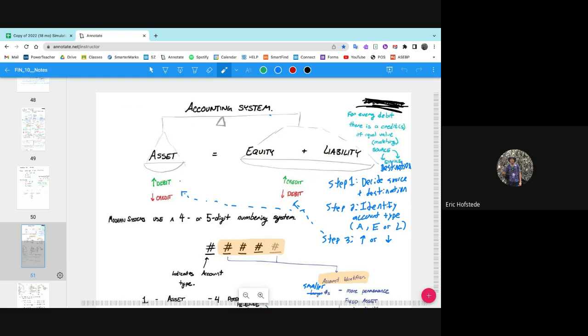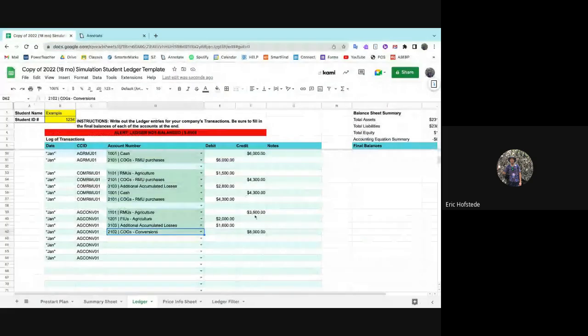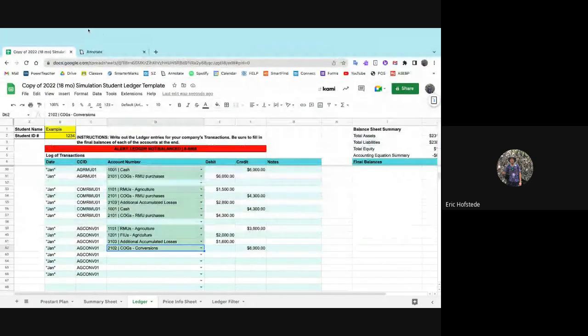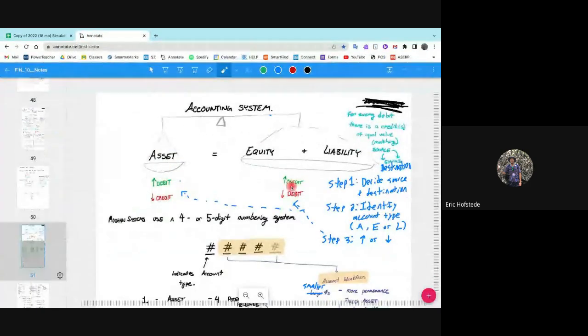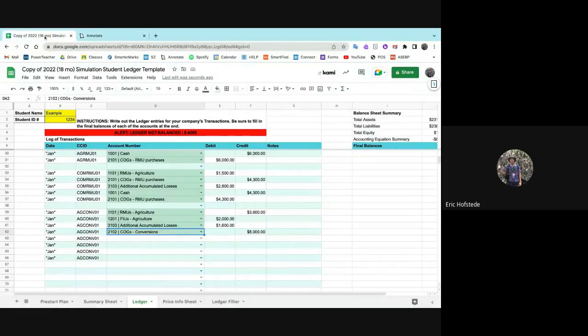So I have to debit. Oh, sorry, that liability goes up. It's a bill I have to pay, so I credit it. So my COGS gets credited. That bill increases. I add a bill to the factory.